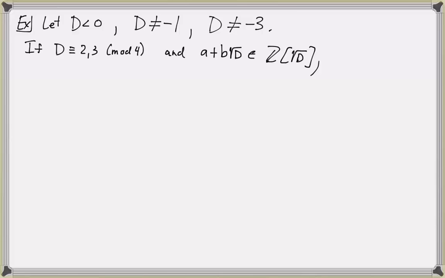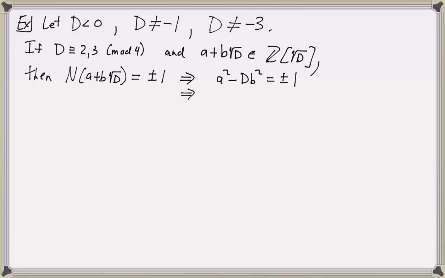Now let's take the norm of this element. So the norm of a plus b square root of capital D equals plus or minus 1. This implies that a squared minus capital D b squared equals plus or minus 1.